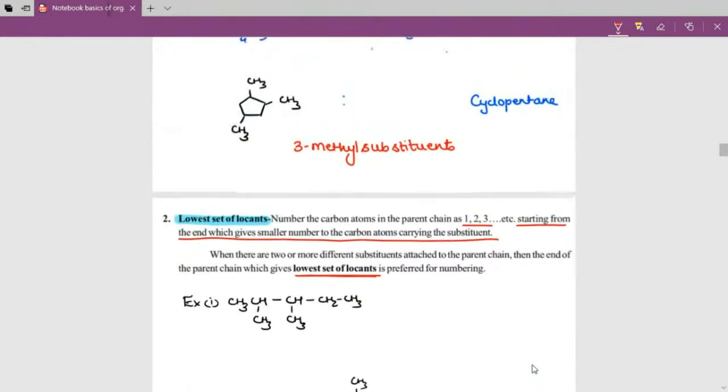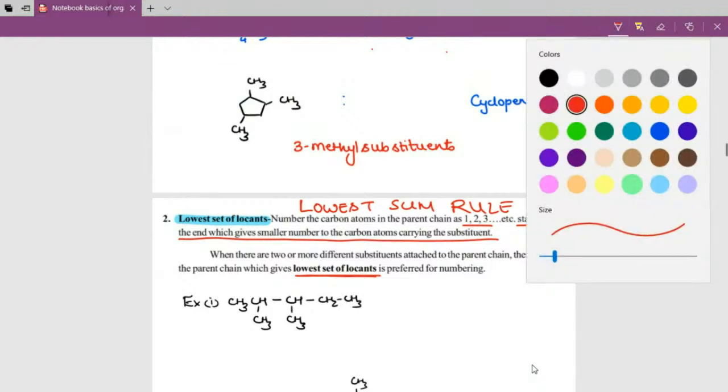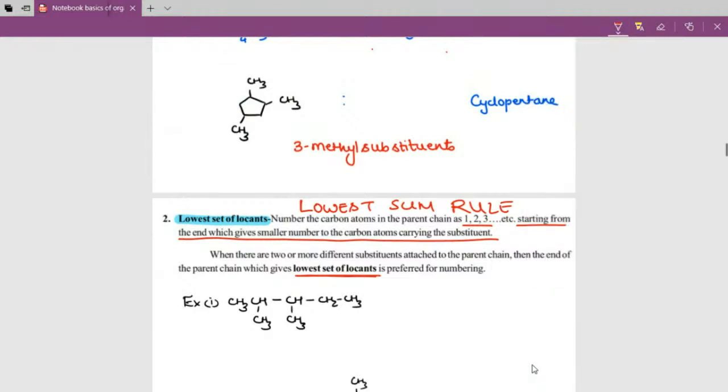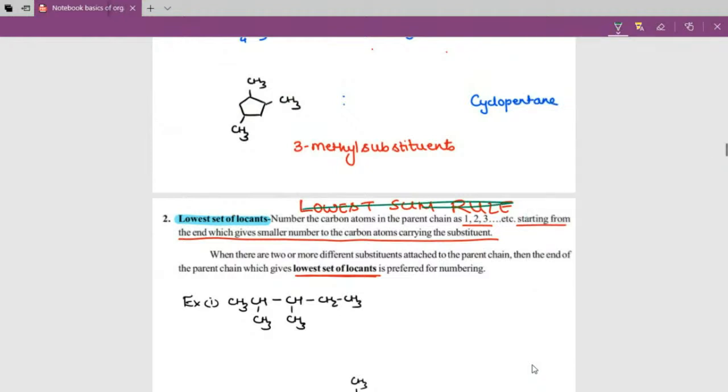Okay, there is nothing called lowest sum rule. Please remove that totally. What should I do to make this point as clear as possible? No, no, no, no. Okay, you don't have anything like lowest sum rule.